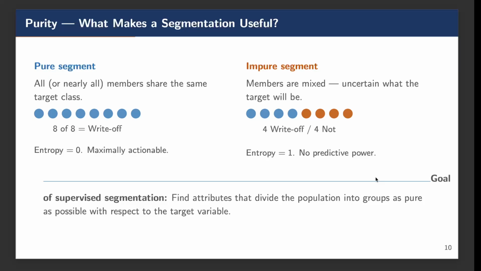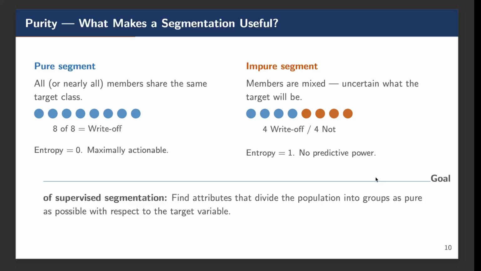It might be that one segment is young women, another is old women, another is young men, and old men. The purity will tell me that from one segment to another, they are significantly different based on the target variable that I have.